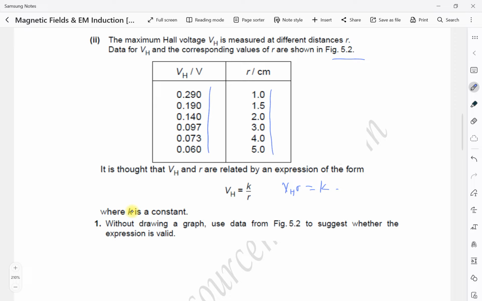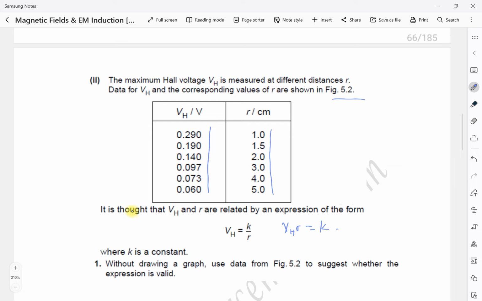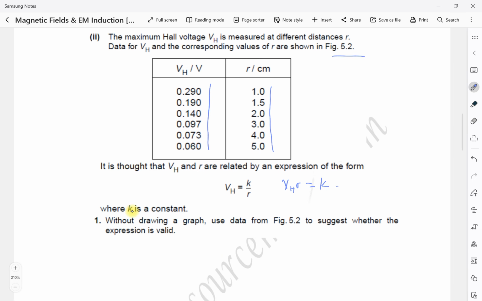Without drawing a graph, use data from the figure to suggest whether the expression is valid. So we want to check whether the expression is valid. I'll just manipulate this to make VH times R. I'll get the product of VH times R to see if the values are either the same or different to the same number of significant figures.